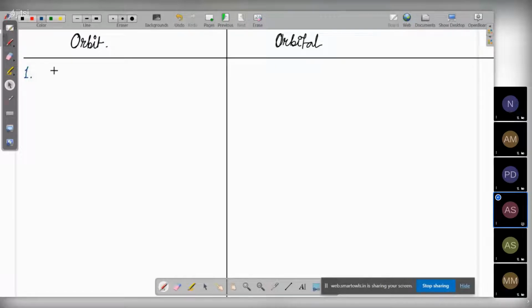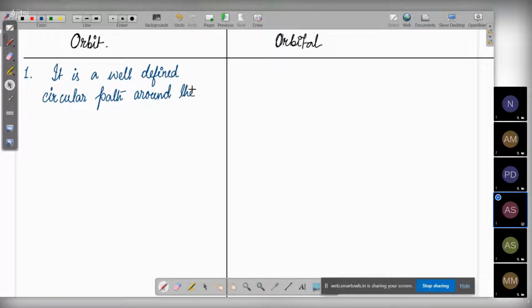It is a well defined circular path around the nucleus, in which the electron revolves.